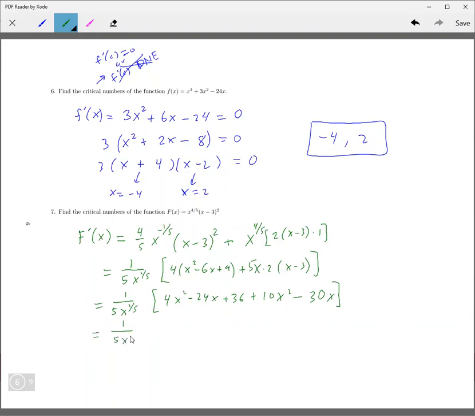Hopefully I don't get any major mistakes. So 4x squared plus 10x squared is 14x squared. Then this and this is minus 54x, and 36. Okay, this is looking really weird.